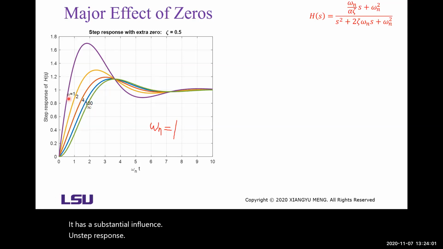Especially when alpha is 1, the zero is close to the imaginary axis. Then the step response is greatly different from the original step response without any zeros.